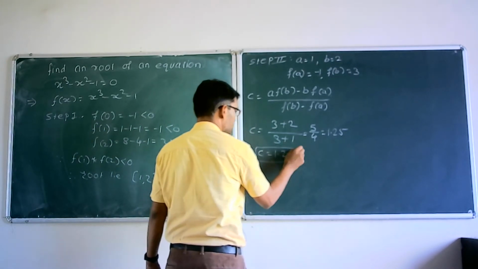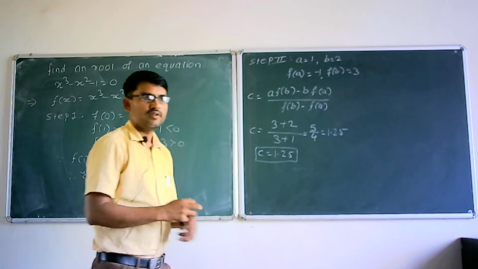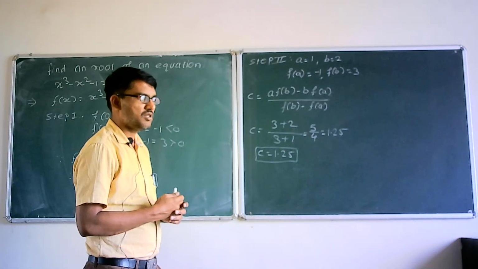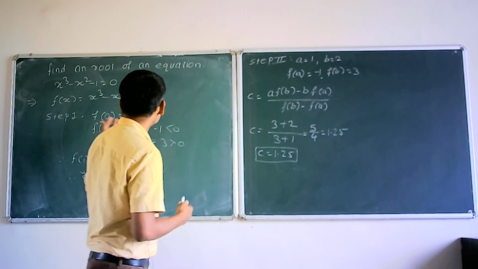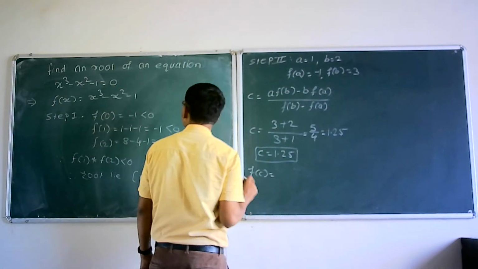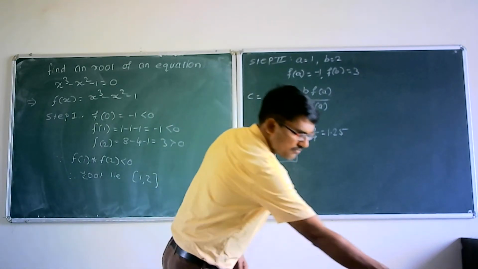Next, we want to check whether c is our root. We say c is a root if it is correct up to 2 decimal places. So f(c) = (1.25)³ − (1.25)² − 1.